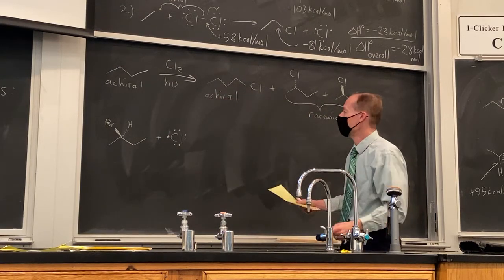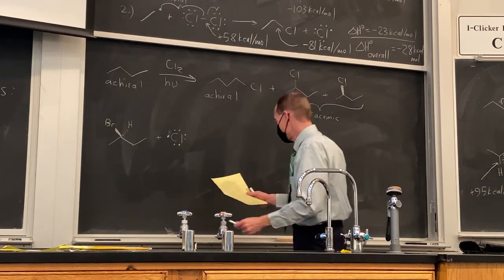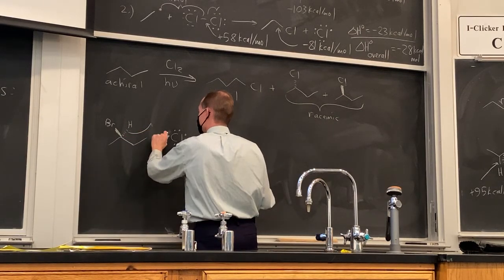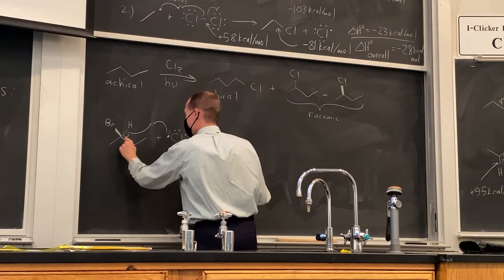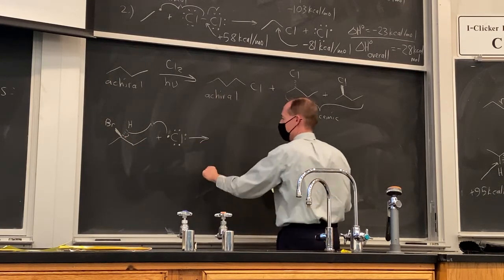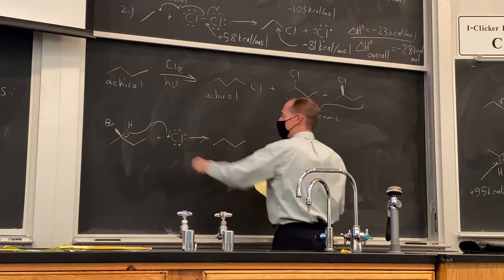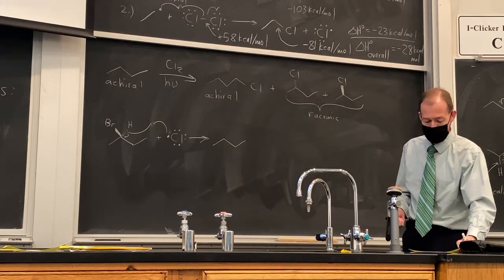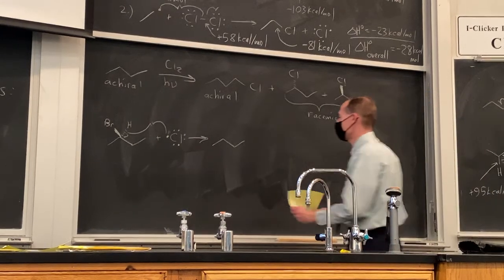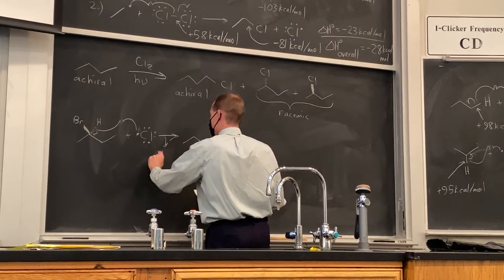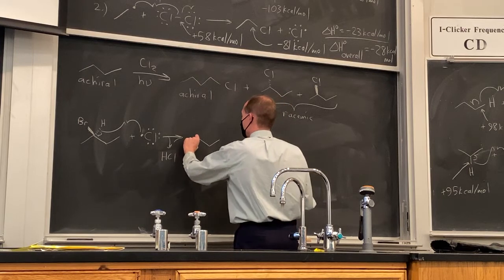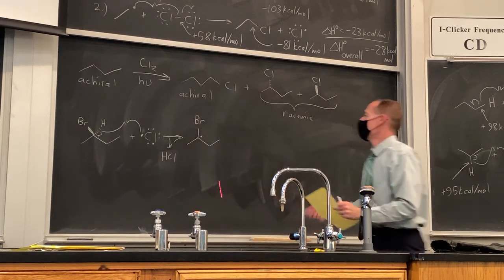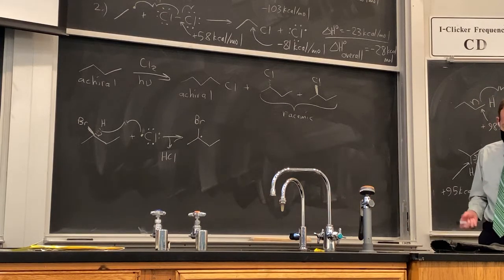Sorry about that. So we're going to abstract the hydrogen. So now we've taken our chiral bromide, we've reacted it at the stereocenter. We formed HCl in the process. So now we have an achiral radical intermediate.